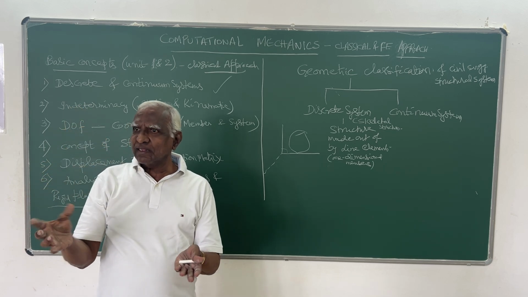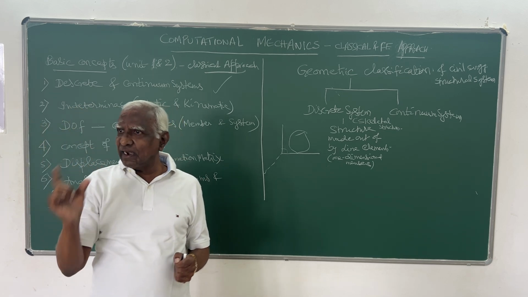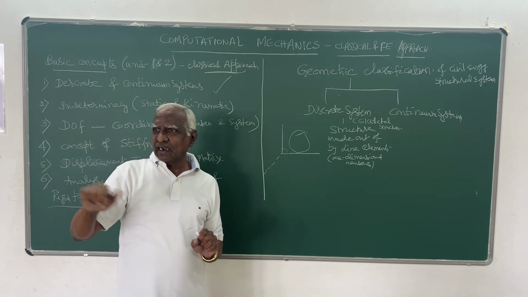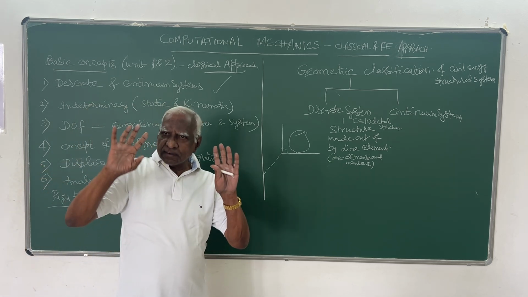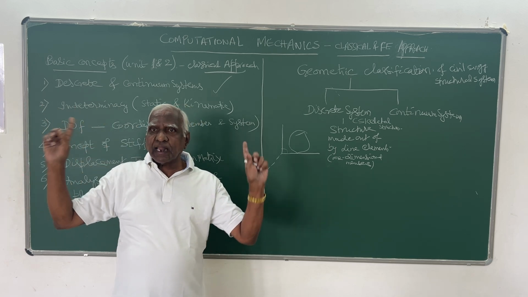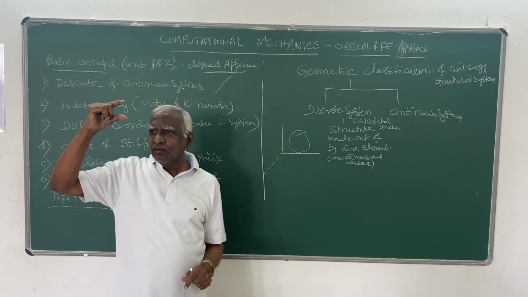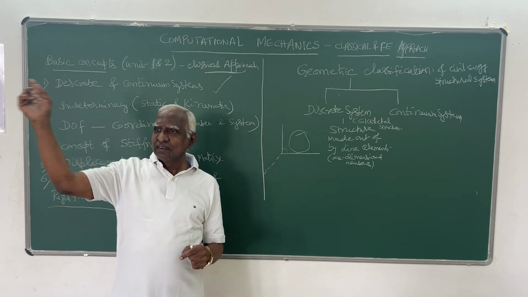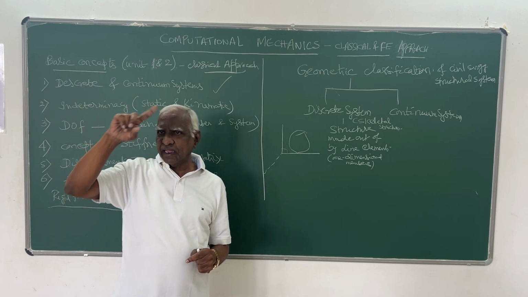Large is always a relative term. I am not fixing any number. It is greater than this or less than this. It is just a relative figure. If you see the dimensions, two of the dimensions are relatively large when compared to the third one; that is called an area element or area member.